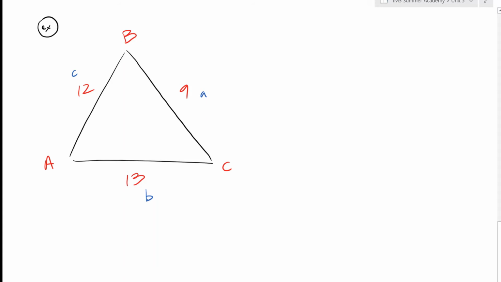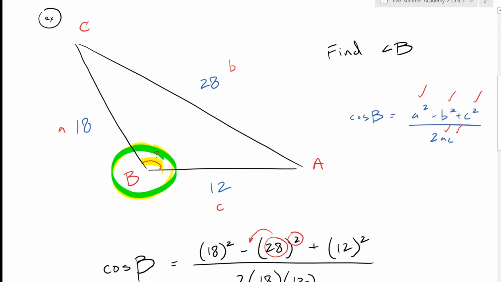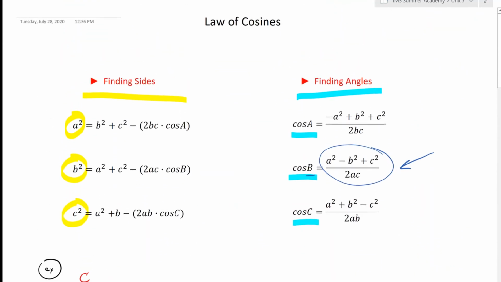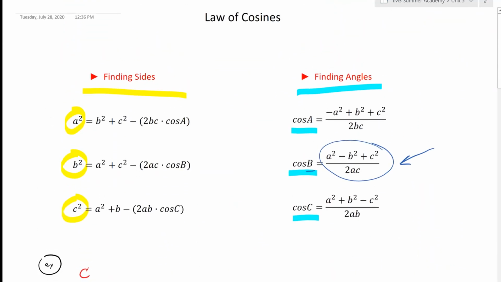I notice there's no pairs here, no big letters, no angles, so I can't really use law of sines, so it's going to be law of cosines. Now the instructions specifically are going to tell us, for this one, find the measure of angle C. So angle C is this one, and that's going to take us back up to the top. We want to find big C. So that one is now going to be this one right here.